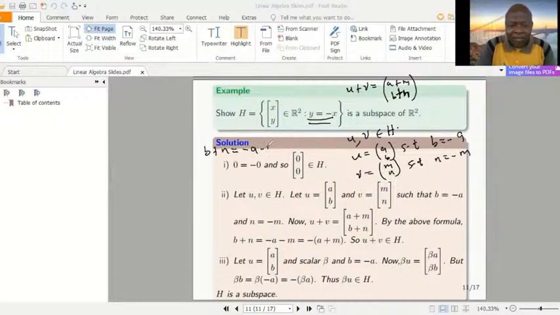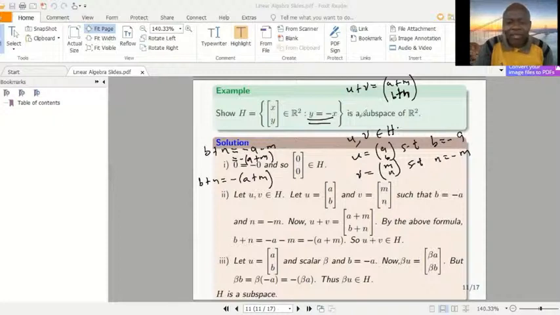Now, on the right hand side I can put negative outside, and inside the bracket I'll have a plus m. So what have I shown? I've shown that b plus n equals negative (a plus m). In other words, the second element here is negative times the first element.